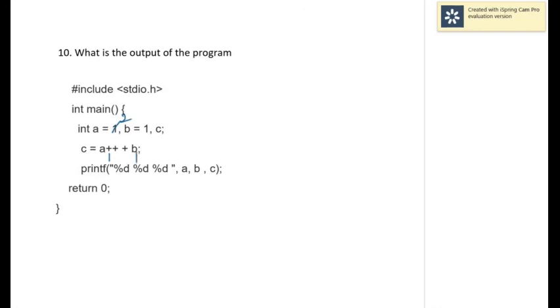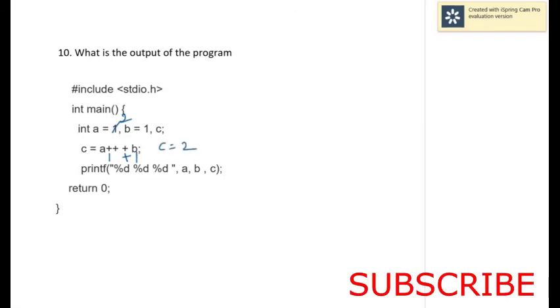So c value is 1 plus 1, that is c value is 2. So now we are printing a, b, c values. The a value is 2, b value is 1 and c is 2. So the output will be 2 1 2.